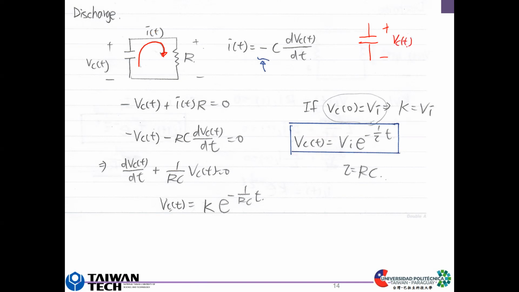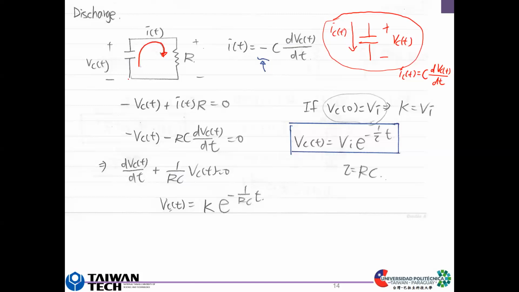And we define the current flowing through this capacitor, we call it i_C(t), and the direction is from top to bottom. With these polarities, we have i_C(t) equals C dV_C/dt. We have this equation for the voltage and current relationship for a capacitor.